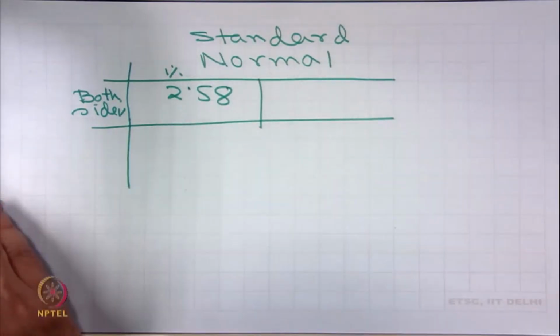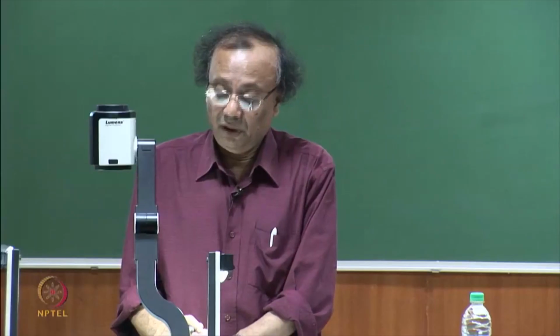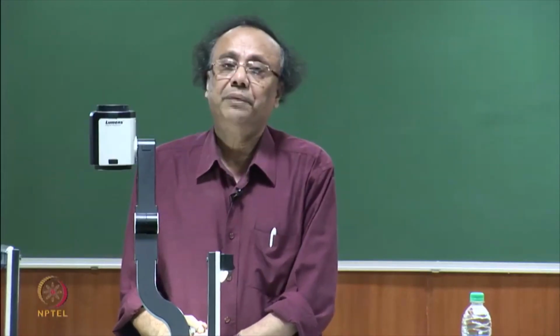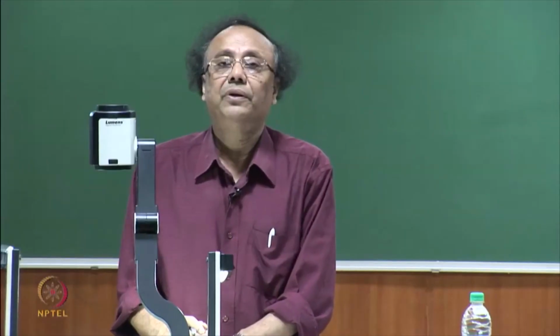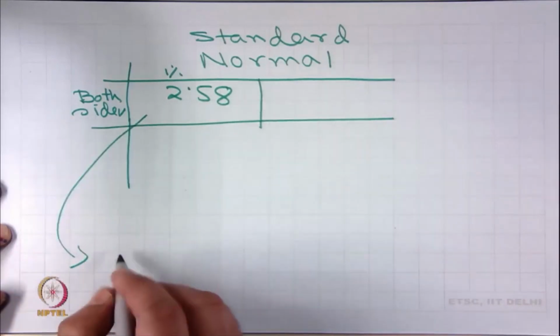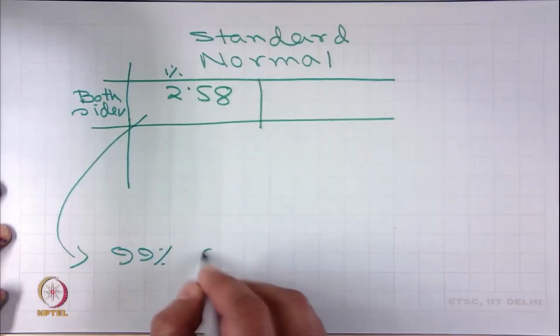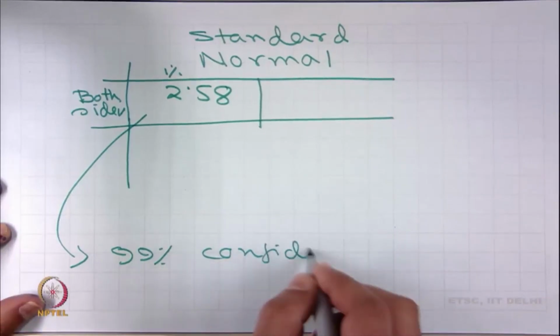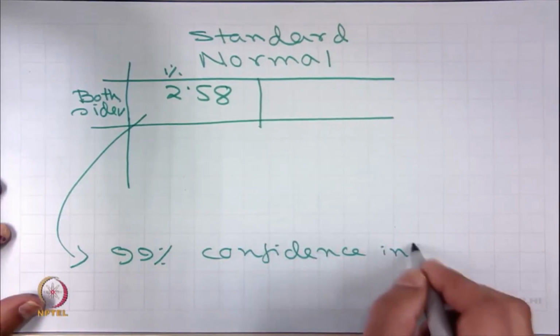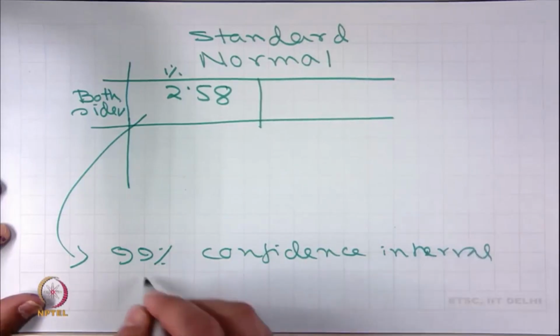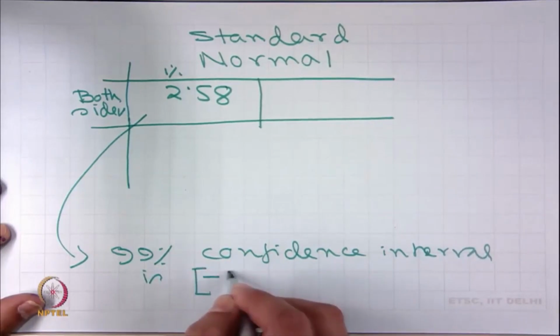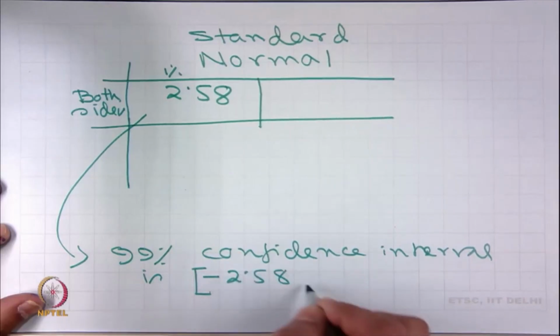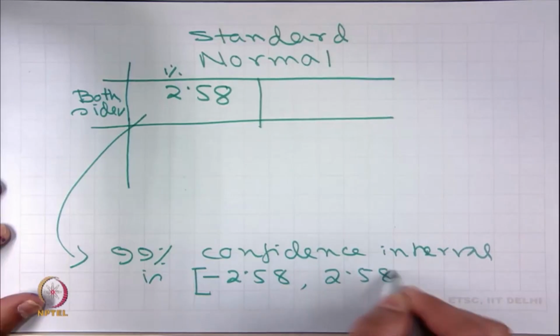Above 2.58, the chance is only 0.5%, and below minus 2.58, the chance is only 0.5%. So, together we have 1%, or the 99% confidence interval is minus 2.58 to 2.58.